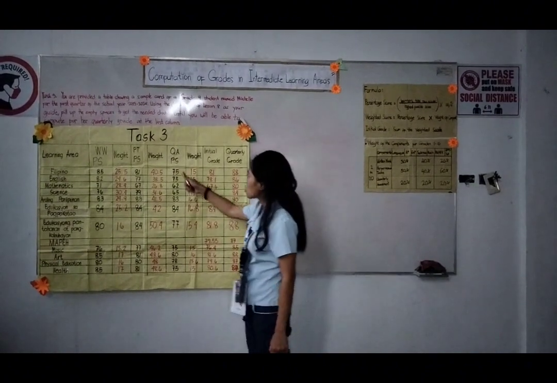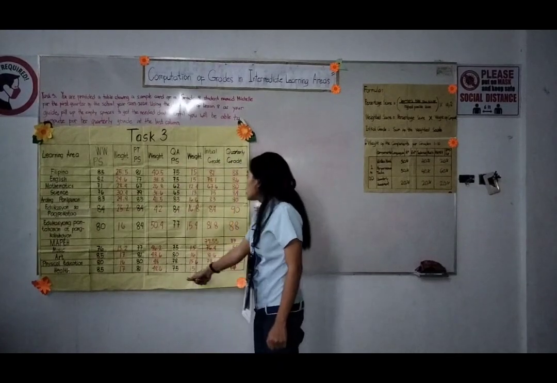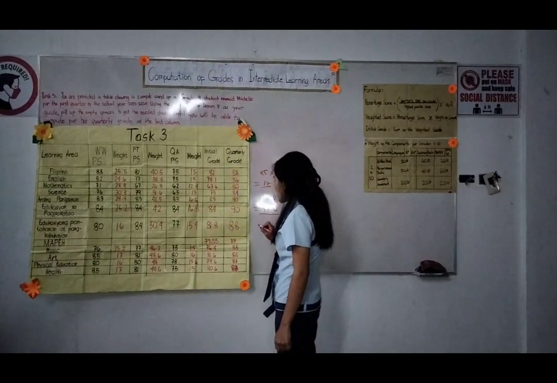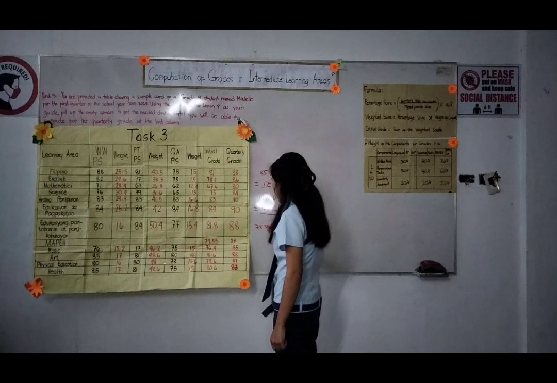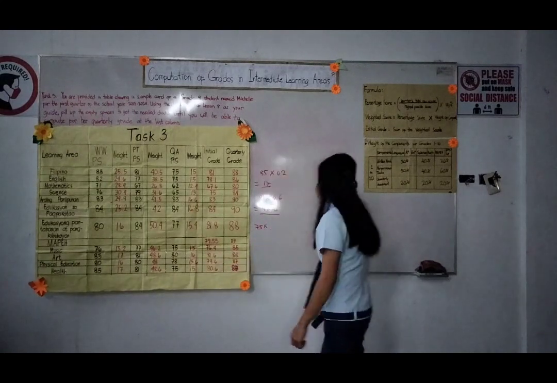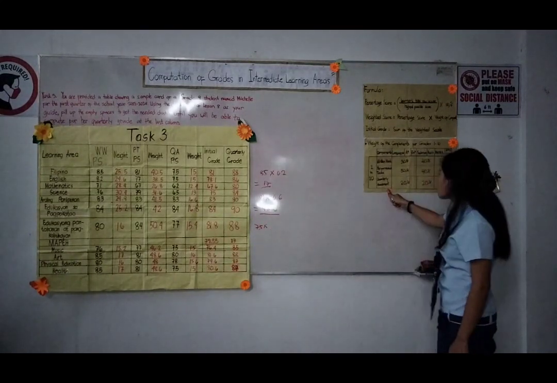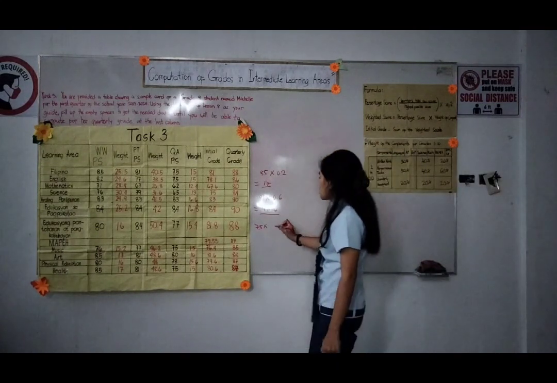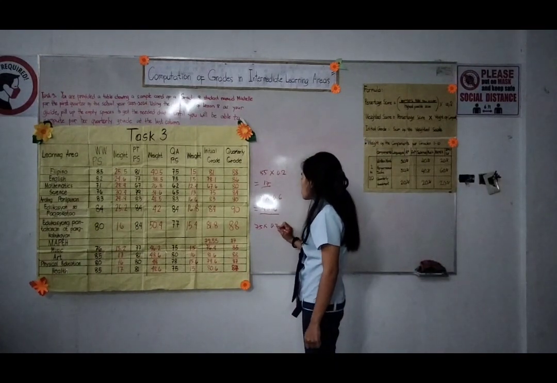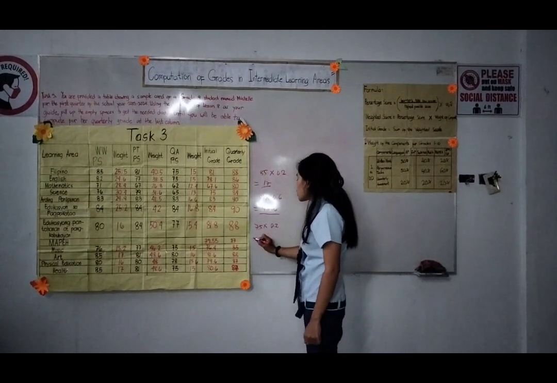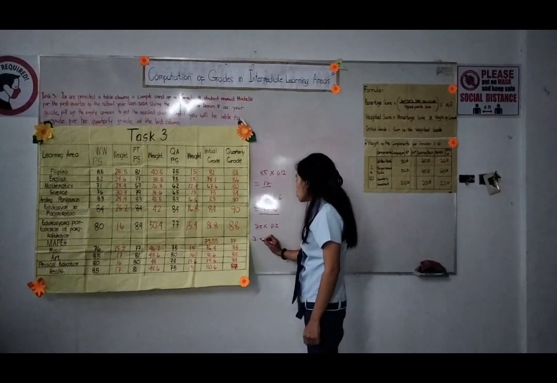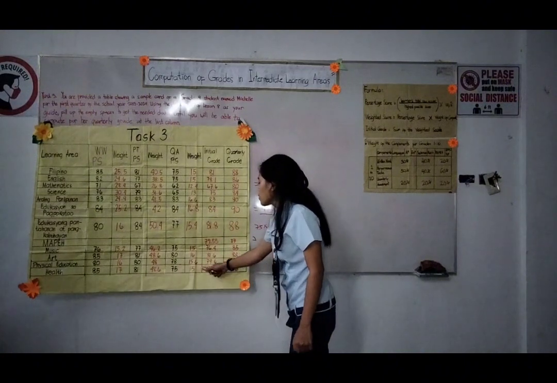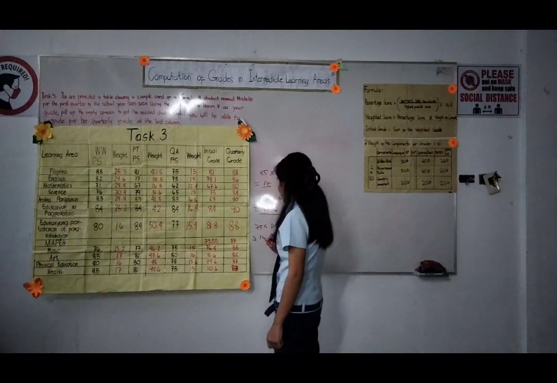So let's proceed to quarterly assessment. The percentage score is 75. So 75 times the weight of the component in quarterly assessment of MAPEH, which is 20%, 0.2. 75 times 0.2 is equal to 15.